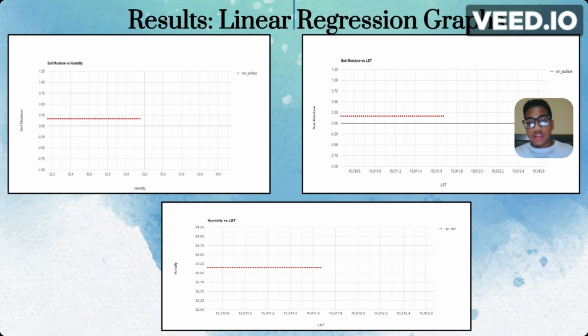So it shows a direct correlation. That also shows that they influence each other through the water cycle, and through that water cycle, it also affects the urban heat island effect. So you could say that due to more moisture, you would expect the land surface temperature to increase, and that's exactly what happens. You can see in the bottom where it says humidity versus land surface temperature, you can see that the humidity overall is in a stable place, but the land surface temperature keeps increasing.